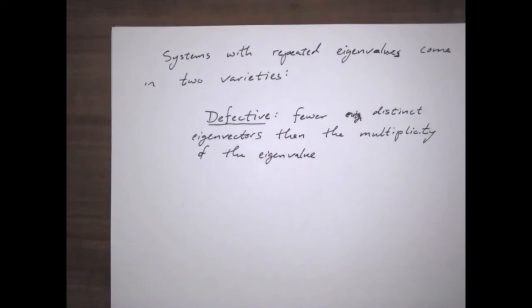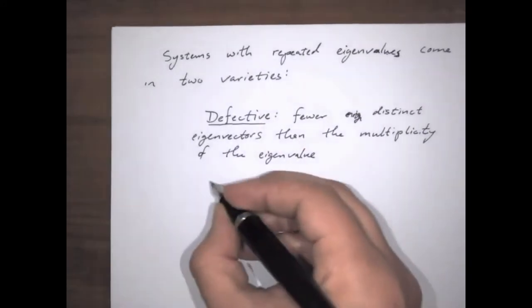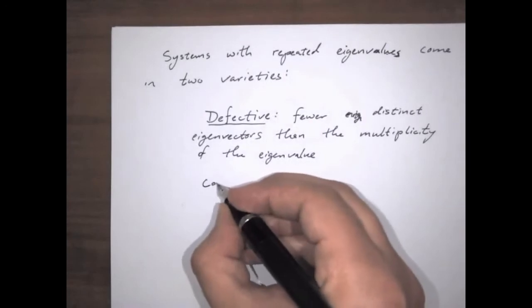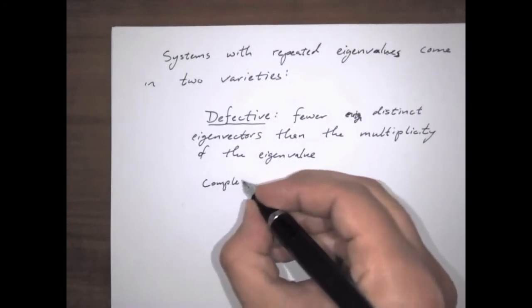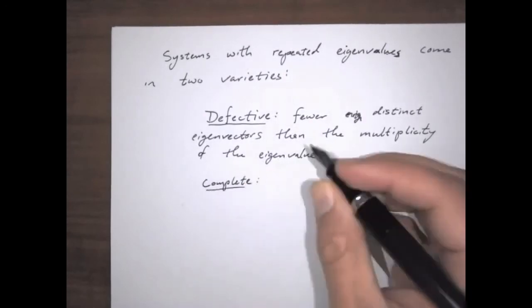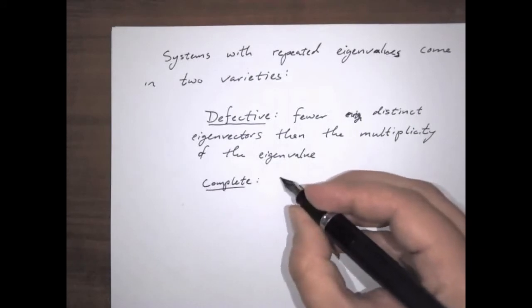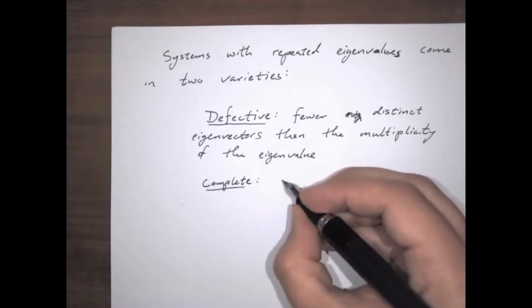This is the usual case. It's only going to be a kind of rare exception that we have one that is not defective, or complete. Complete ones are what produce the star points.